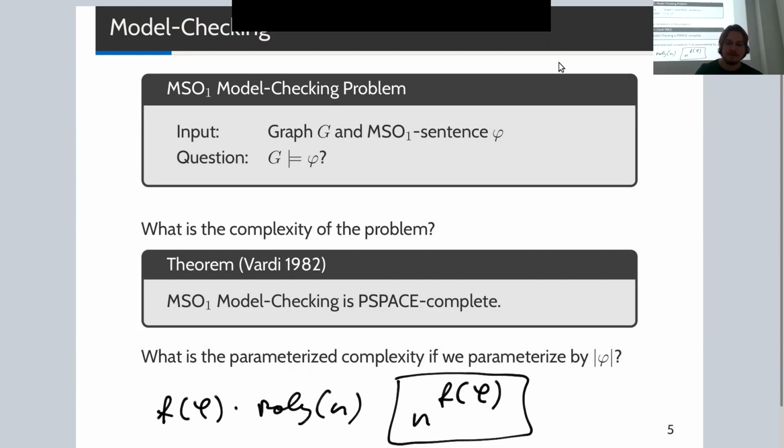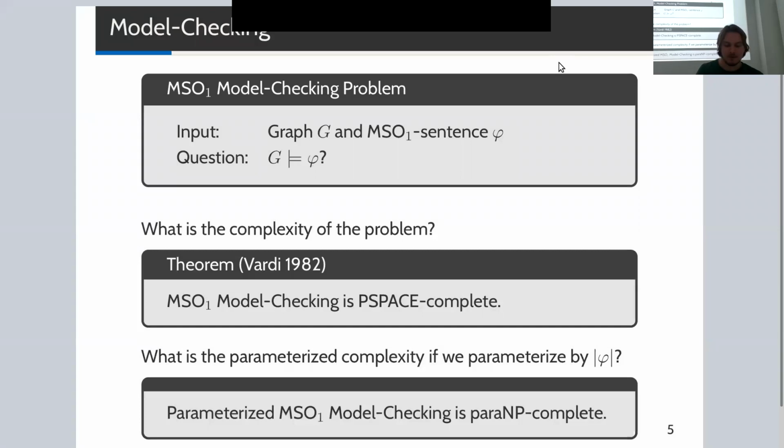So this means that if we parameterize by the formula length, then the problem is still para-NP-complete. If you don't know what para-NP-complete means, it just means that for every fixed parameter, there exists some formula for which the problem is NP-complete.